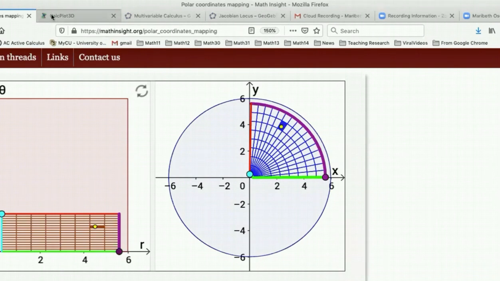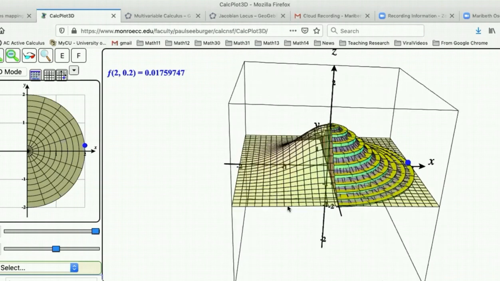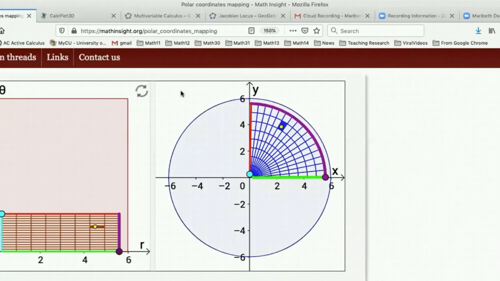So in order to find the volume of one of these little curved polar boxes, I need to know the area of the base, one of these little curved polar rectangles, times the height. So my goal is to figure out the area of one of these blue polar rectangles in terms of r, theta, dr, and d theta.